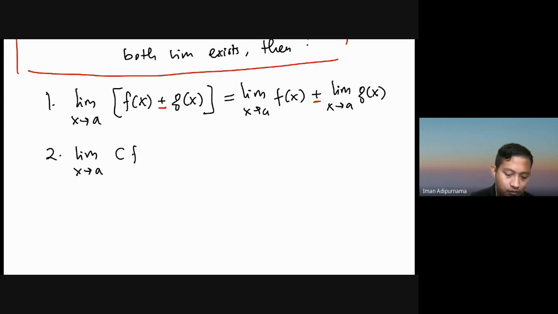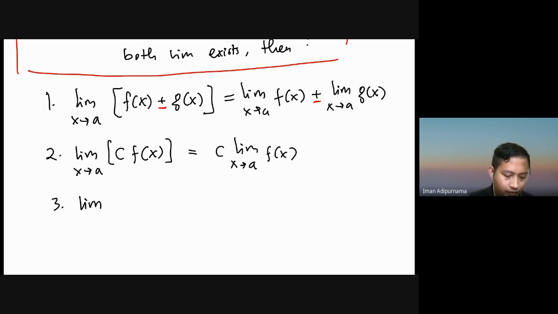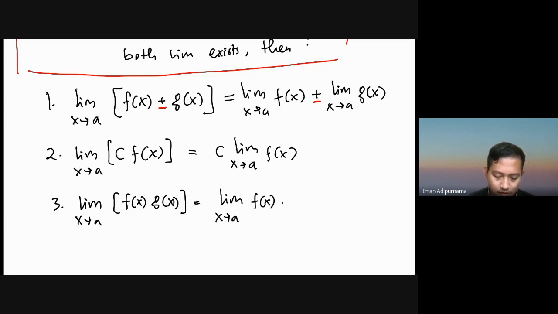The second one, you have a constant, and you can factorize the constant outside of the limit. I think this is also easy to understand the concept here. And if you have the multiplication, you can separate this.